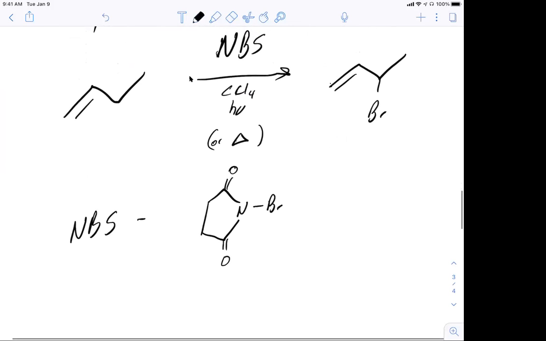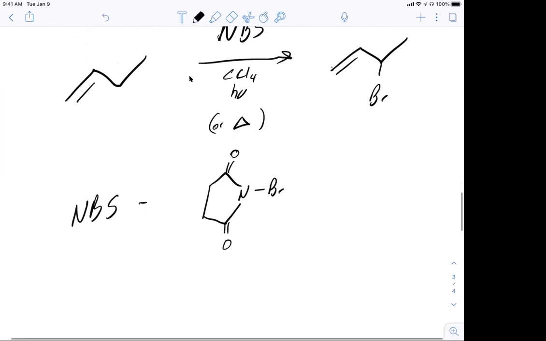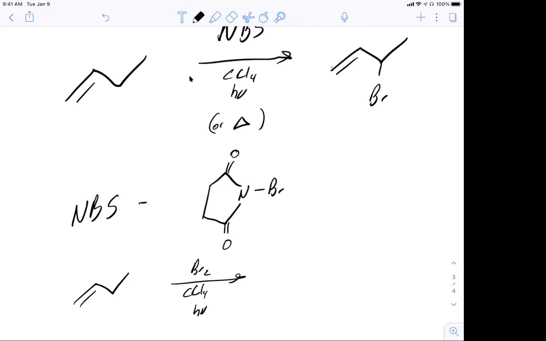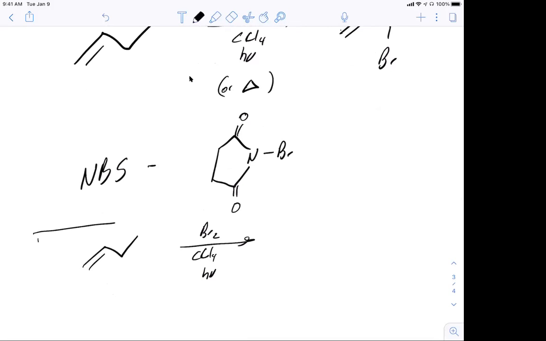The reason we use the NBS is that if we had taken this reagent and reacted it with Br2 and CCl4 with light, well, have we seen this reaction before? Yes, this is just the halogenation of an alkene, right?